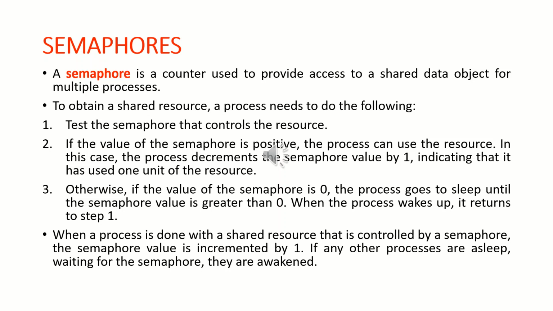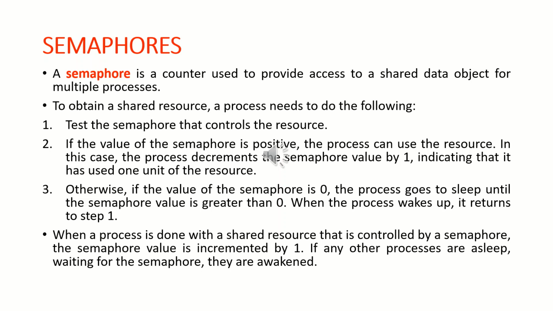If the value of the semaphore is positive, nothing but greater than 0, the process can use the resource. In this case, the process decrements the semaphore value by 1, to indicate that it has used 1 unit of the resource.